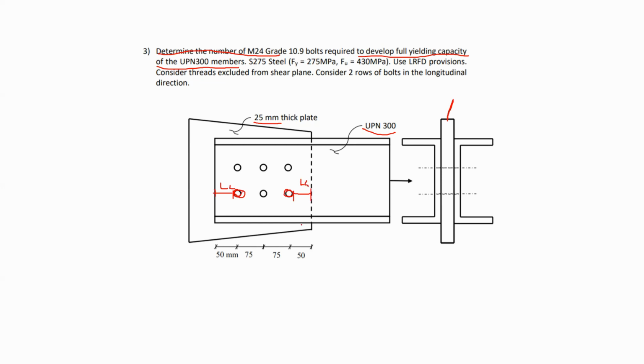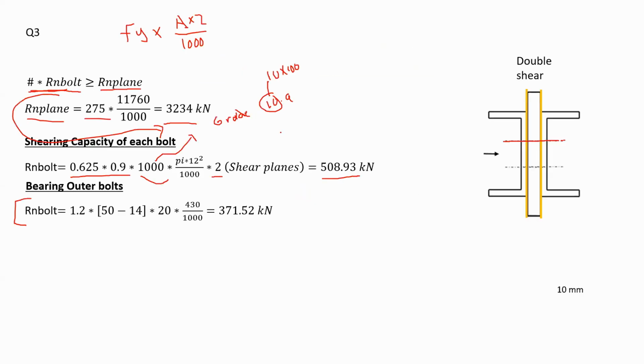However, in determining which one you are going to work with, you have to consider the thickness of the connections. Either you will be using the thickness of the UPNs or the thickness of the plate. As I was saying, in calculating the Lc value, it would be 50 minus 14, that's half the hole diameter, 28 divided by 2, and multiplied by the thickness.